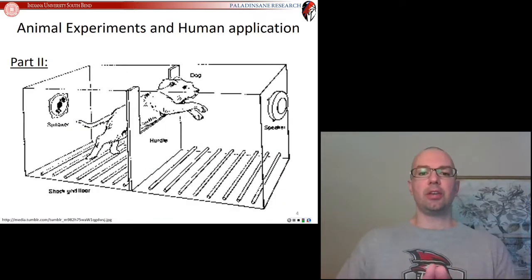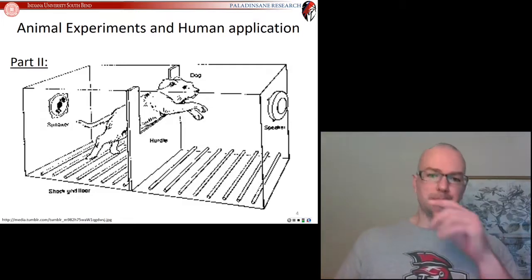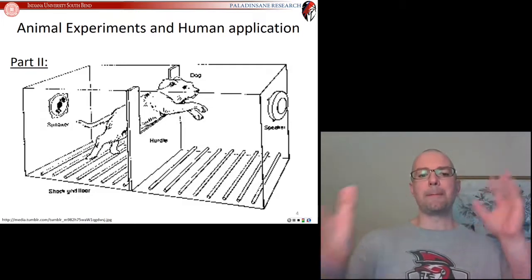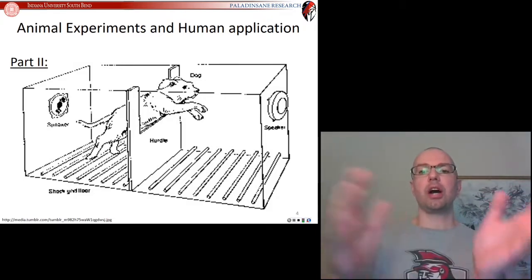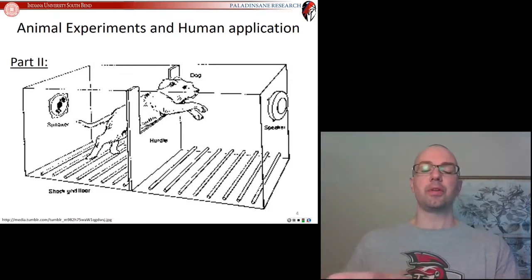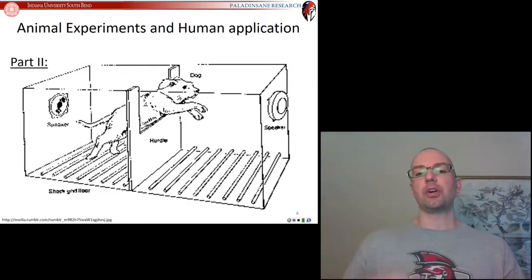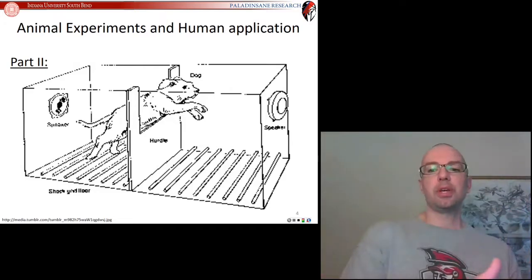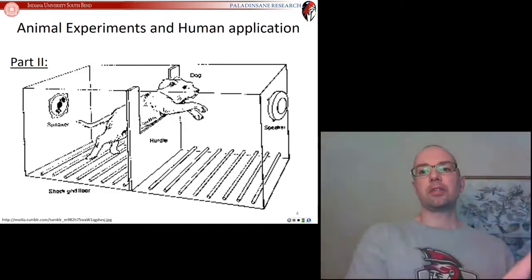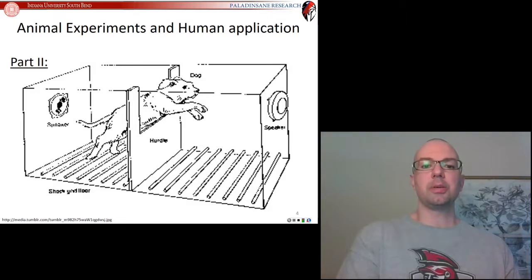For this, he used a shuttle box where on one side of the room, there was a speaker and a floor that could be shocked. On the other side of the room, there was a speaker and a floor that could be shocked. In the middle, there was a hurdle that the dog could jump over. The speaker would sound a tone. After a certain period, the floor would begin to be shocked.